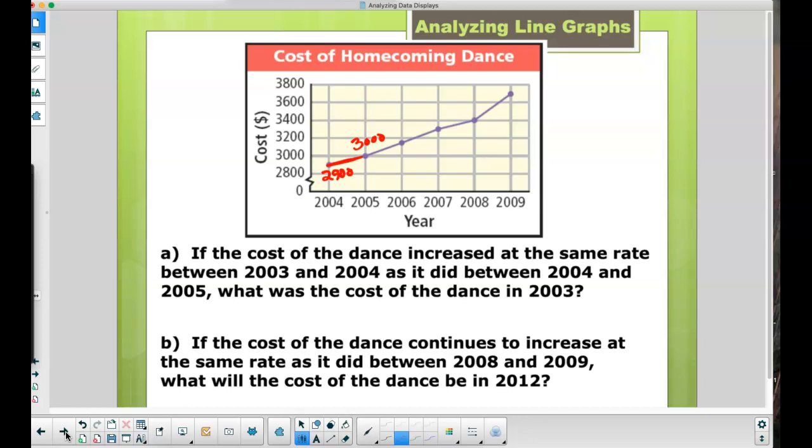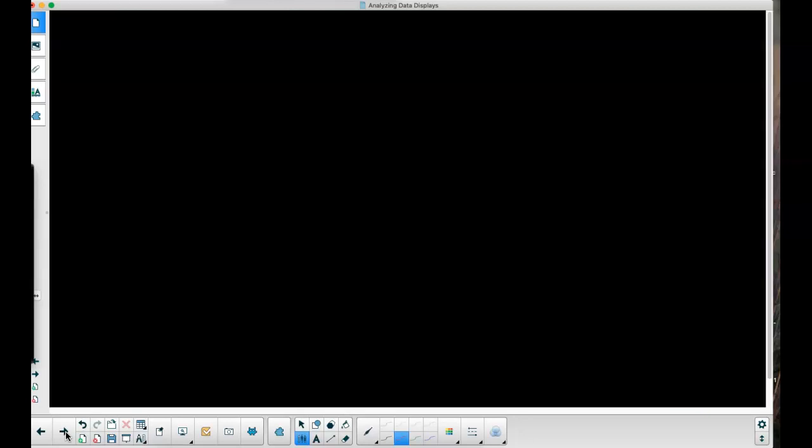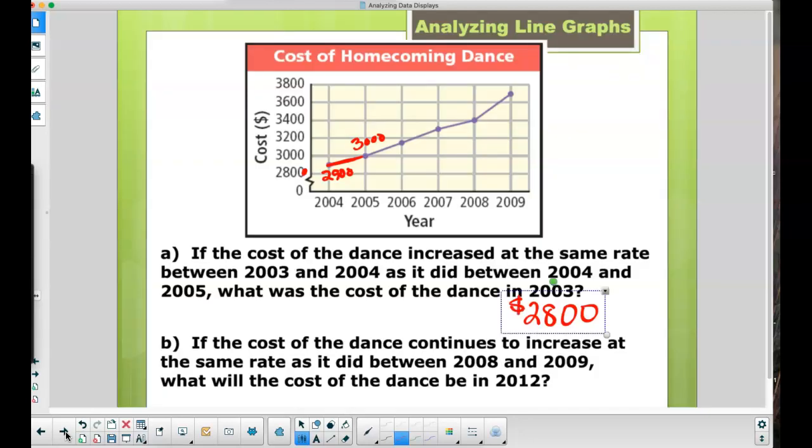From here to here, it only went up $100. So if we had to go backwards, where would it be? Down 100, which would mean what was the cost of the dance in 2003? Caleb? $2,800. Okay, because it would have gone down the same amount.